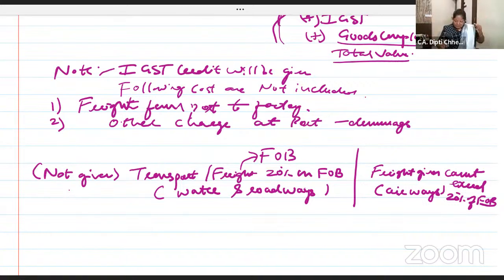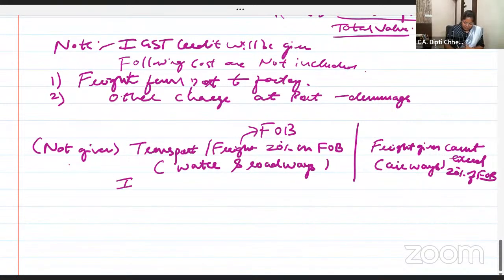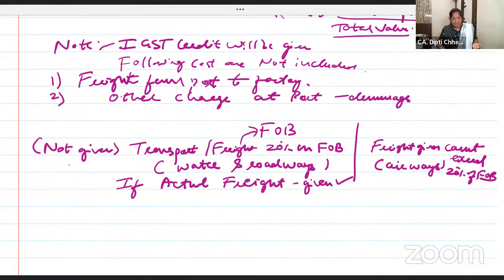If the import is from waterways or roadways and whatever actual freight they give, then take actual freight. But if actual freight is not given, then freight you have to take as 20% of the FOB. But in case of airways, even if they give actual freight, you can't take freight more than 20% of the FOB. There is a restriction.